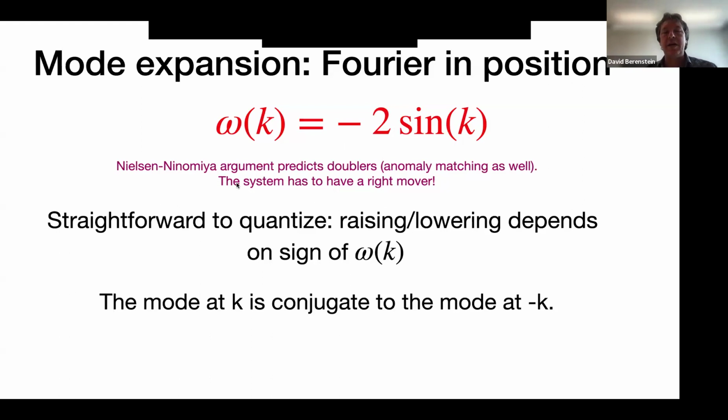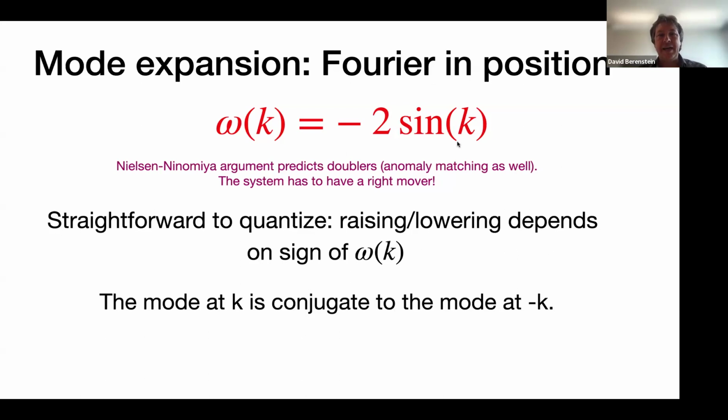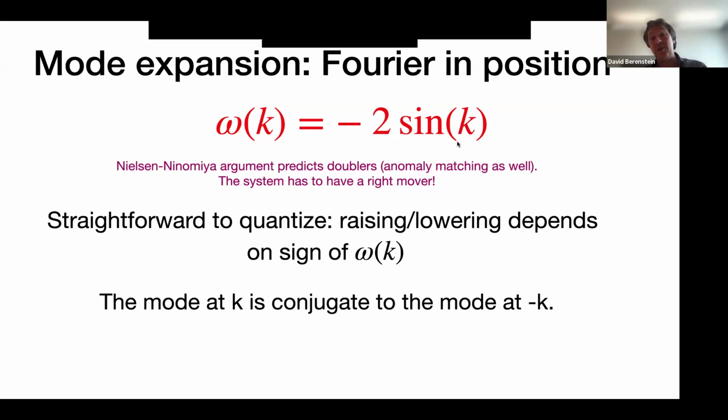And then if you look at the Nielsen-Ninomiya argument, which is the one that is used to predict doublers in systems with fermions in various dimensions, here we have that the low energy physics, meaning omega equal to 0, there's two crossings of 0, omega equal to 0 at k equal to 0, and omega of pi equal to 0. So you get two crossings of 0. And one of them is a left mover and the other one is a right mover. And you compute which one is left mover and which one is right mover by taking d omega dk at the crossing of 0.